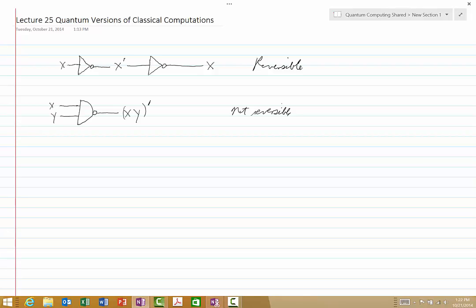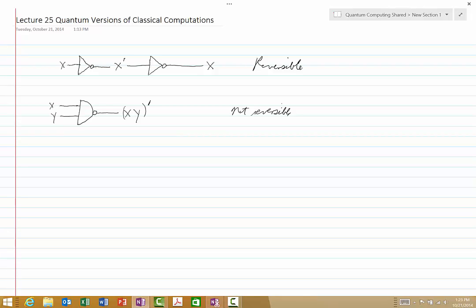And most of the operations that you're familiar with on classical bits are not reversible. The NAND is not reversible, AND is not reversible, NOR is not reversible, OR is not reversible, exclusive OR is not reversible. So most of the ones that you're familiar with are not reversible.